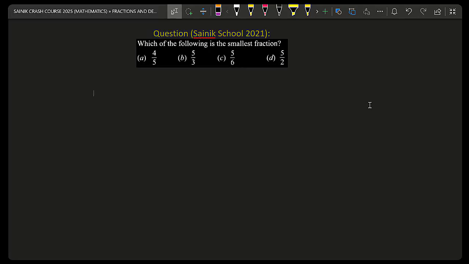Now you are comparing between B, C, D only. You are leaving option A. Sir, in option A, we don't have numerator 5. So which method can we use? Okay, Manaswini, you can think. I'll get back to you.